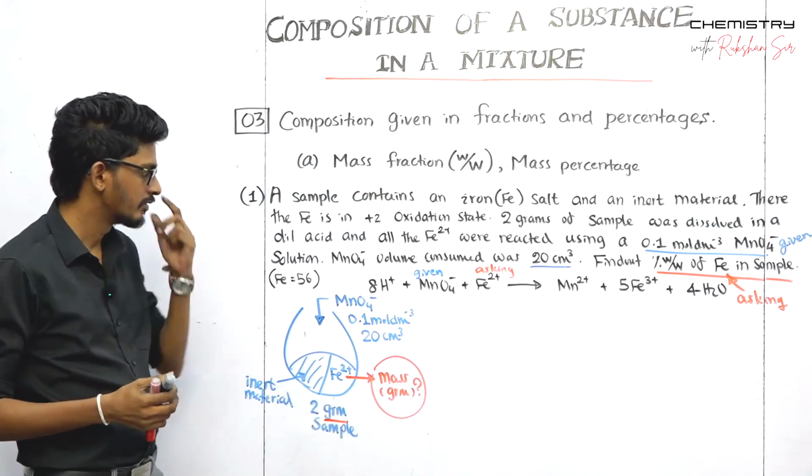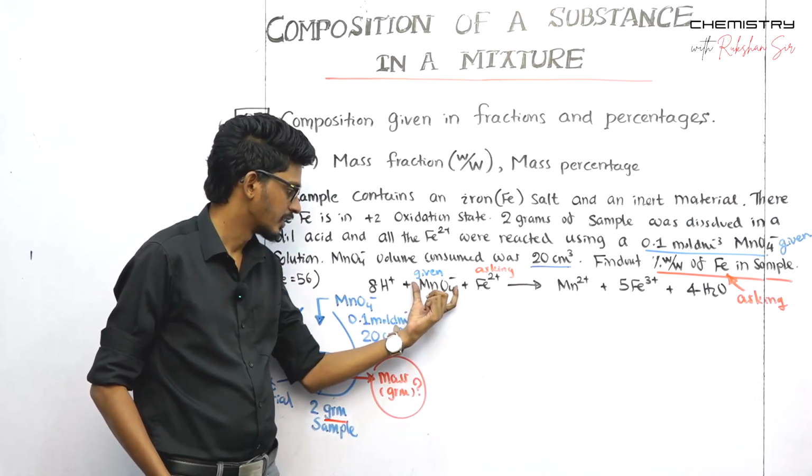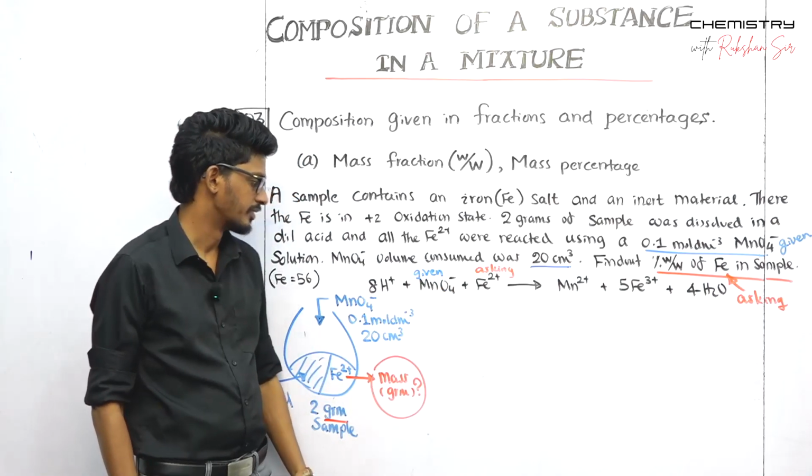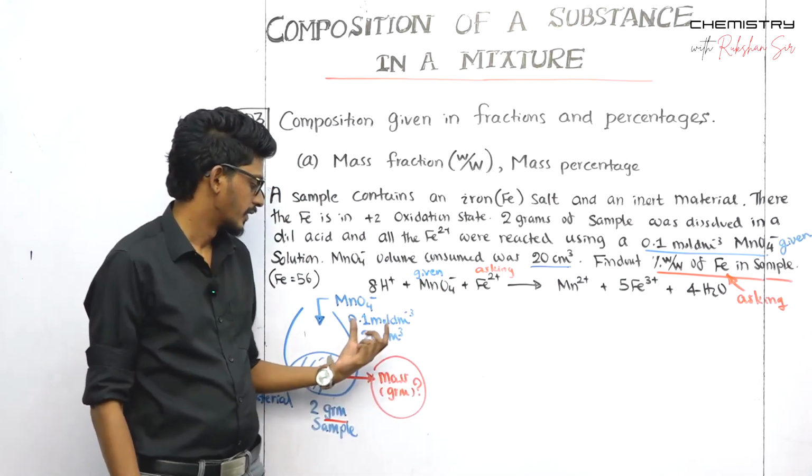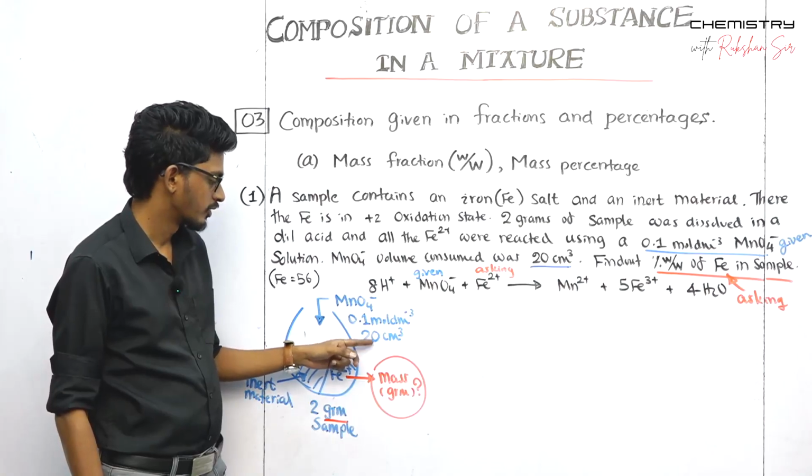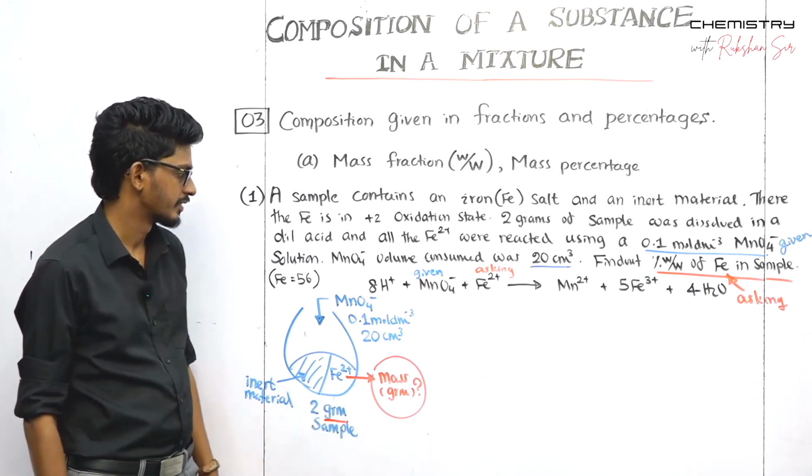You can convert the given data to moles of that species. The concentration and the volume are given, so you can clearly convert those to number of moles of MnO4 minus.